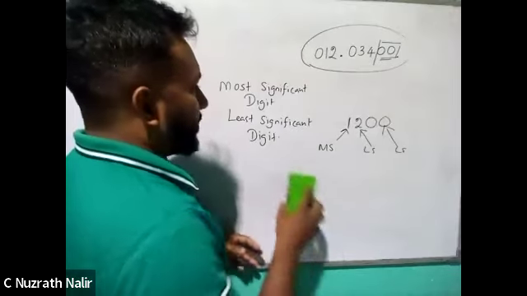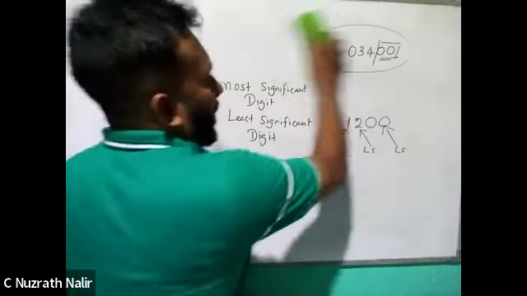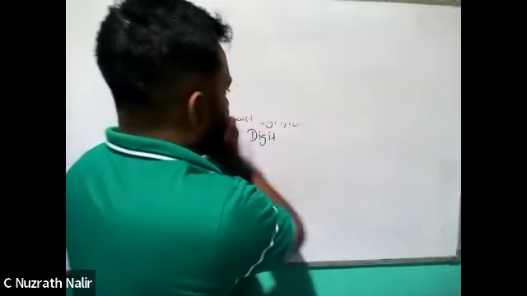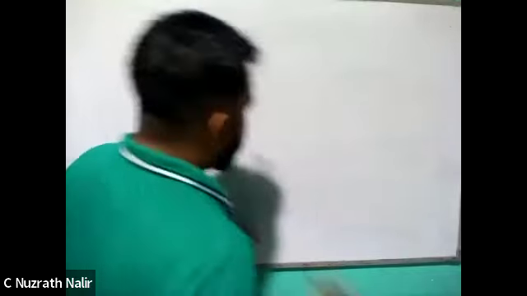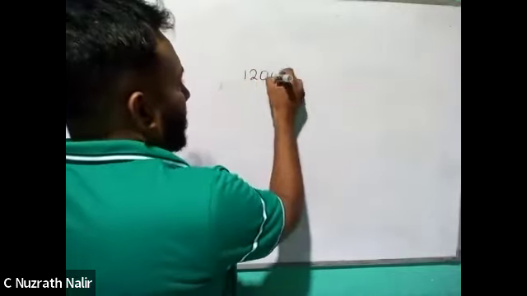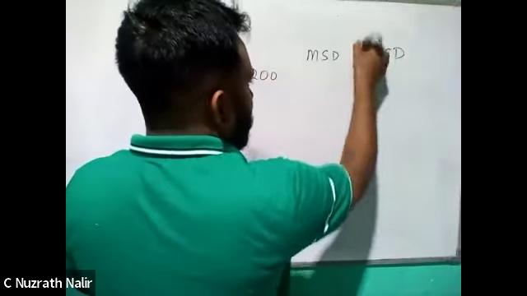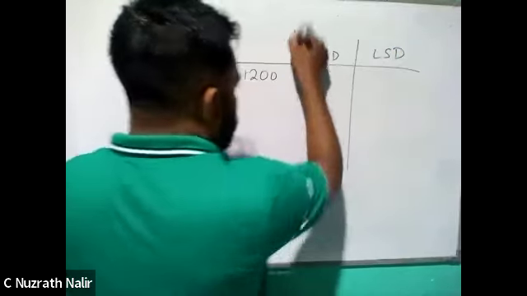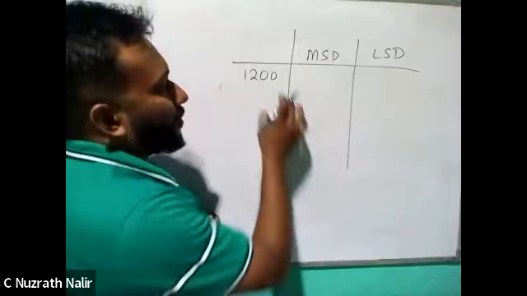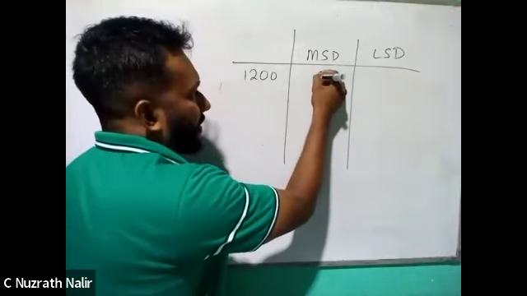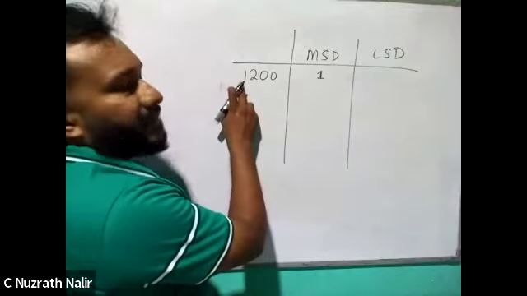Now you can see, I'll come to this first, easiest one. Here, 1200, MSD, LSD. This is your question. So what is the most significant? Yeah, okay, 1, because this is the most valuable.